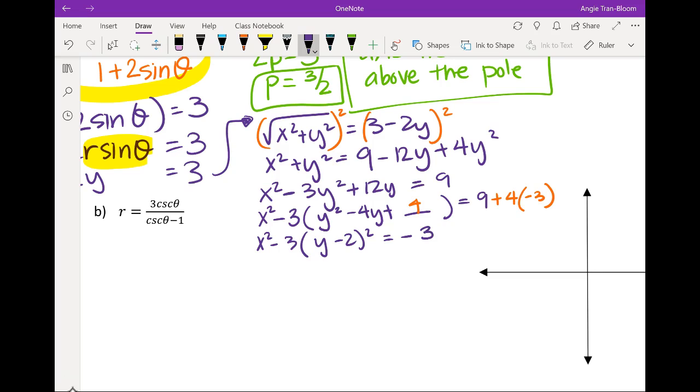-3. Agree, disagree? Then remember, it has to equal to what? 1. So divide each and every term by -3. That means I have to move my y in the front. Yes or no? Yes, because that's a positive now. Okay.